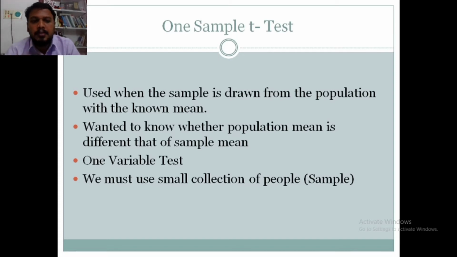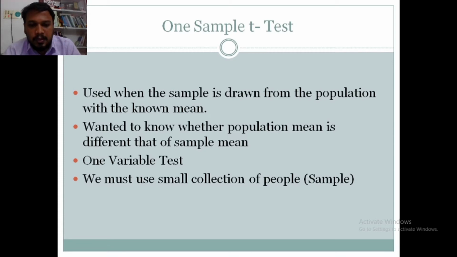One sample t-test is used when the sample is drawn from a population with a known mean. You know the mean of the population, and then you get the sample. What it does is compare the mean of the population and the mean of the sample.